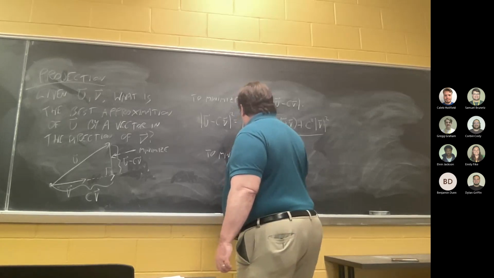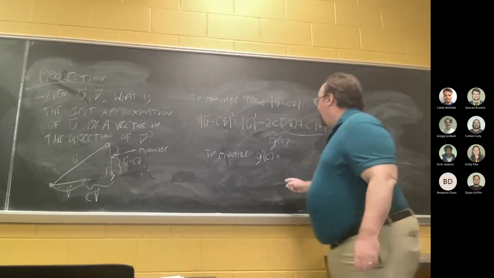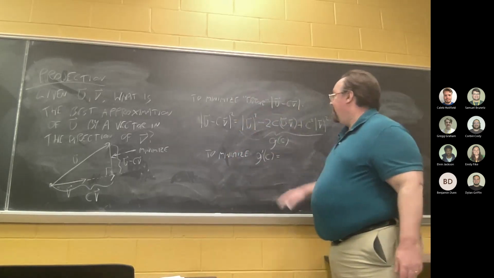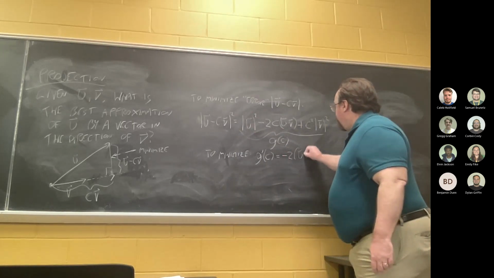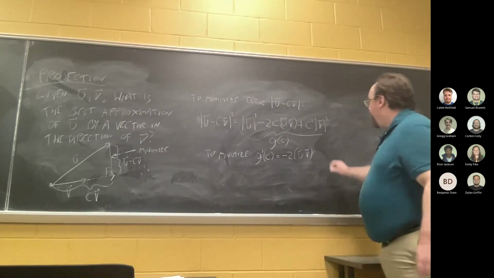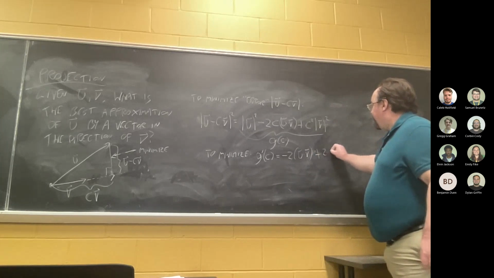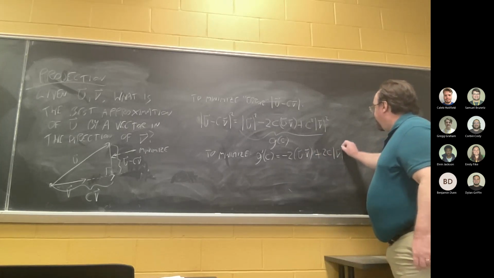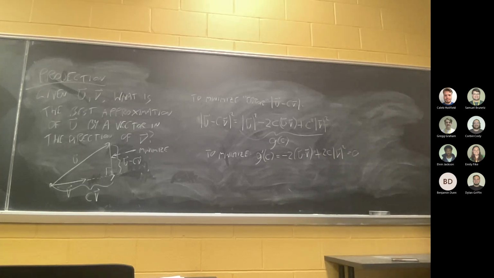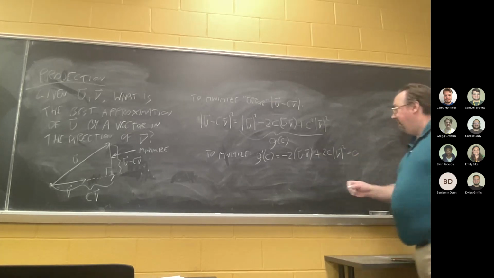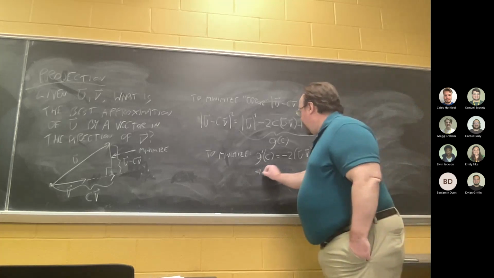All right, so g prime of c. Well, this part doesn't depend on c at all, so it doesn't give us anything. I get minus 2 u dot v, that's just a number, plus 2c times the magnitude of v squared, and I set that equal to 0. So now I can rearrange this and solve for c.